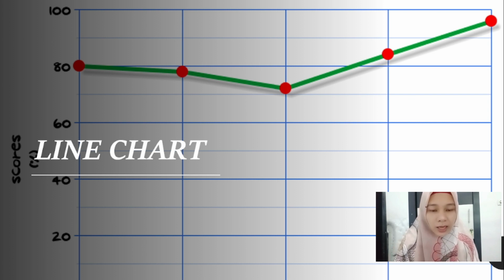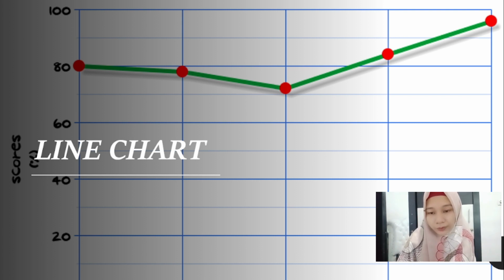And every dot is connected with a line, okay. It shows like a real line, right? So that is why this chart is named line chart, because it looks like a line. And the line also functions for telling us about the information or the data in this chart.